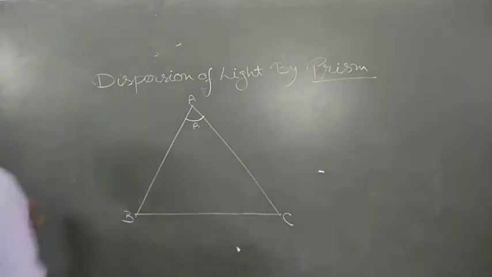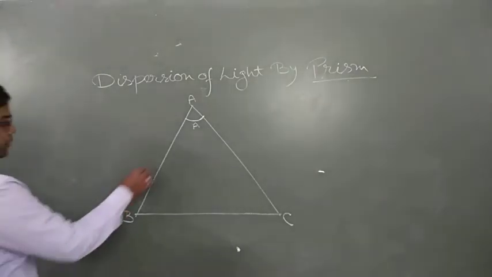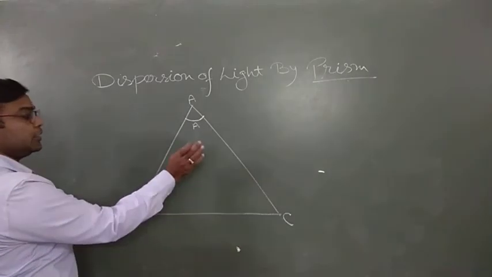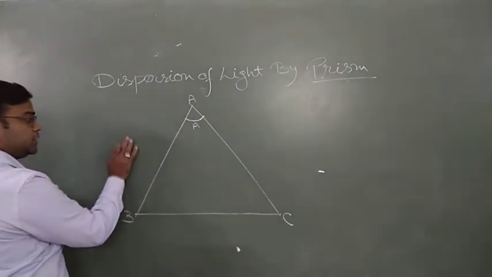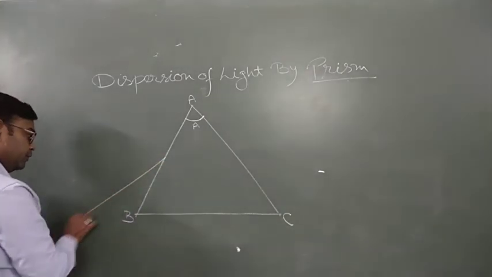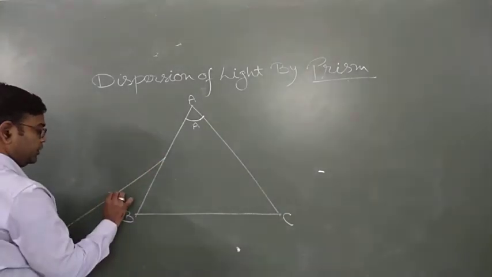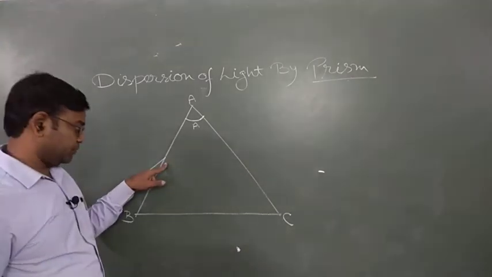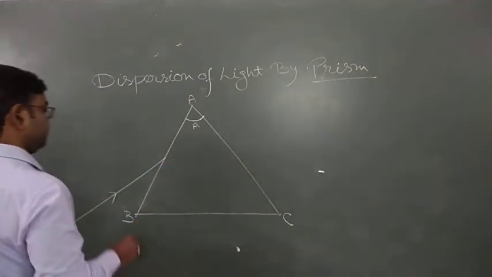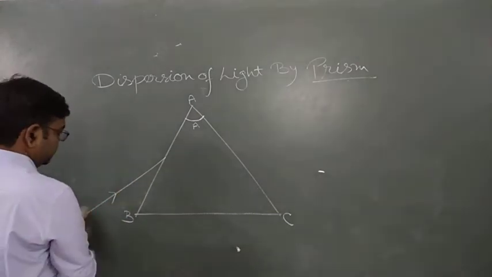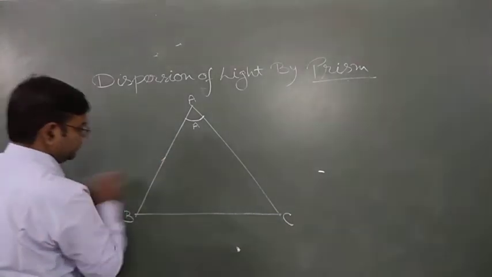Now what is the work of prism? Suppose a ray of light travels from a medium. This is a transparent material, this is a denser medium and outside the prism there is air. So if a light ray travels from air and is incident on the first rectangular face of prism, what happens? There is a deviation of path. Let me draw this one.